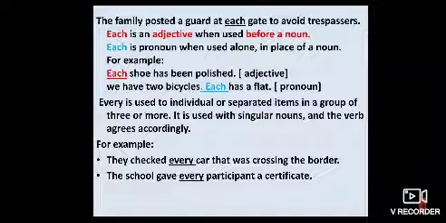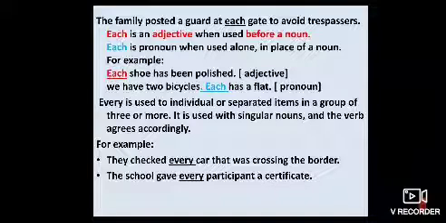You can see the example here: each shoe has been polished. Shoe is a noun and each is used before the noun. So here each is qualifying shoe, so each is an adjective because it is qualifying a noun.